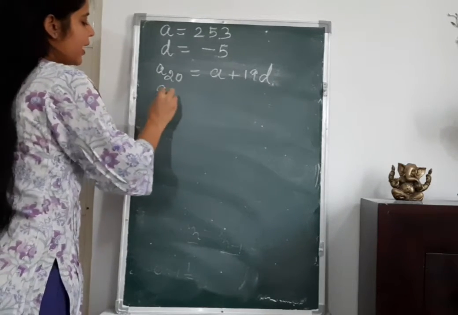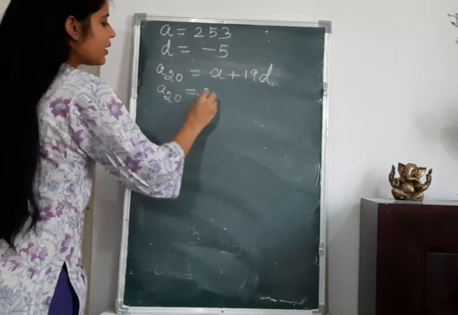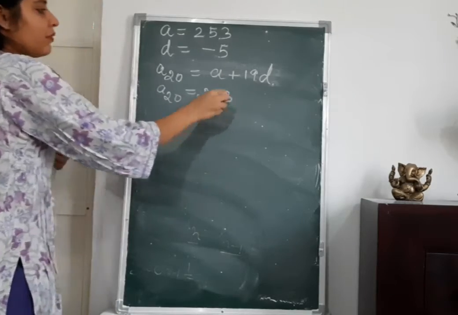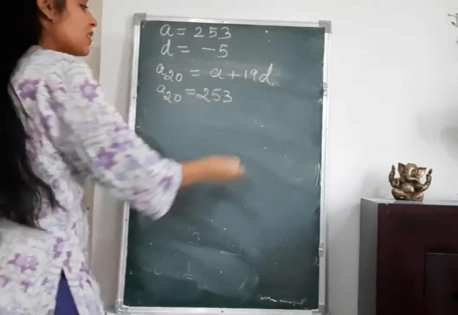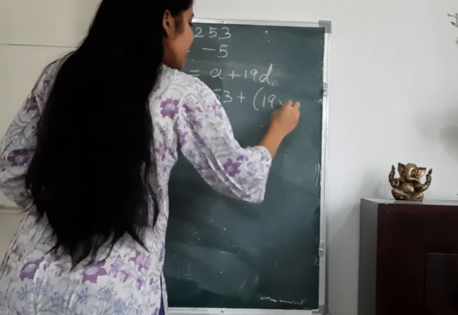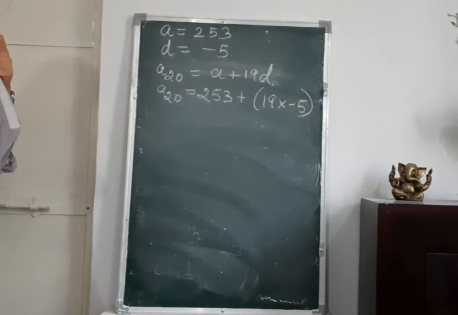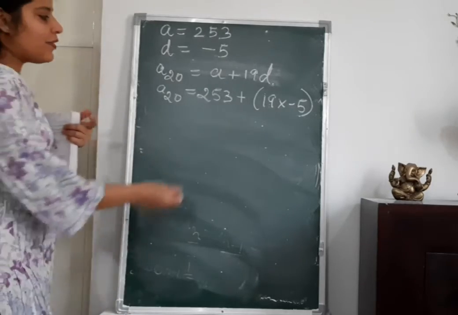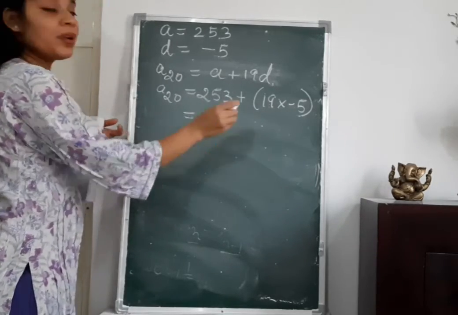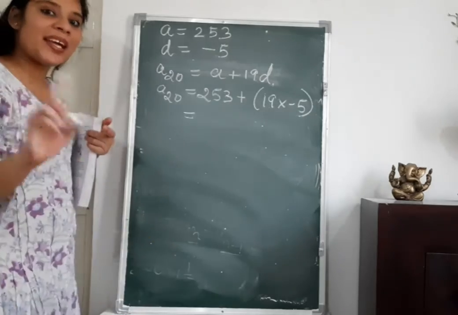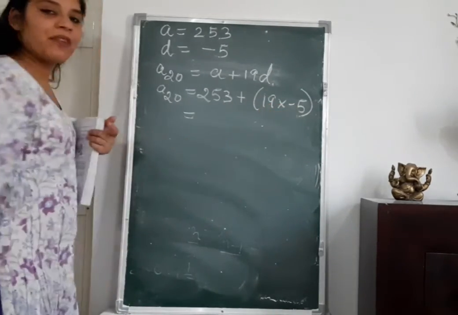So, A20, the value of A is 253. Value of D is what? Minus 5. So, this becomes 19 into minus 5. What is 19 into minus 5? Actually, 19 into minus 5 will be minus 95. And 19 into 5 is 95.